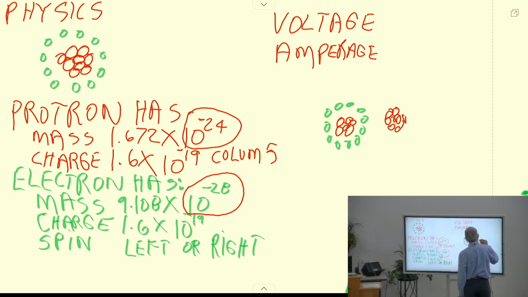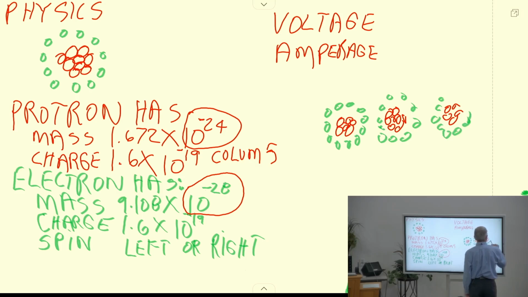And we're going to now learn what current flow is. So these are 3 atoms. Now in your conductor, you've got trillions of these. So now what in the world is current flow?